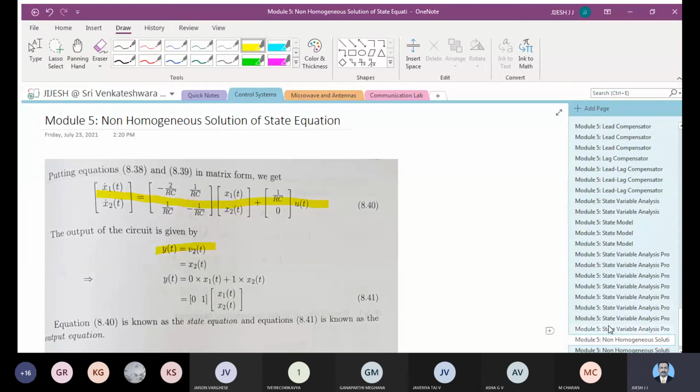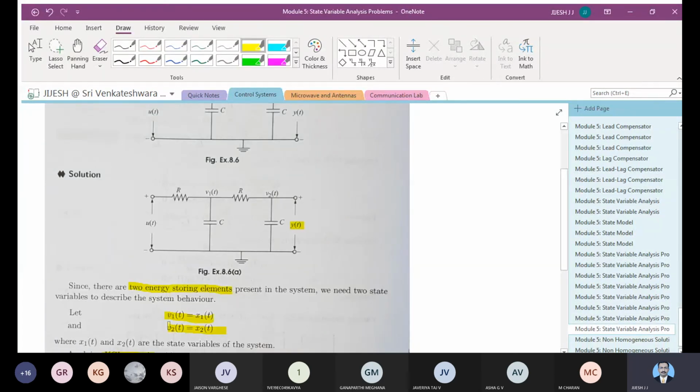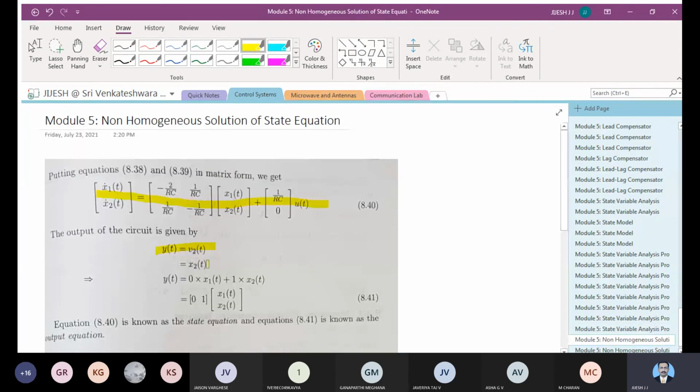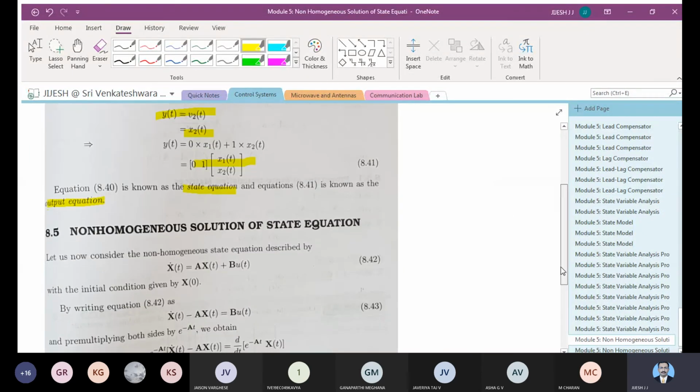V2 we have defined as x2, so I replace V2 with x2 and write it in matrix form. The first equation is known as the state equation, and the second equation is called the output equation. You need to write the state equation as well as the output equation, and both put together you can call a state model.